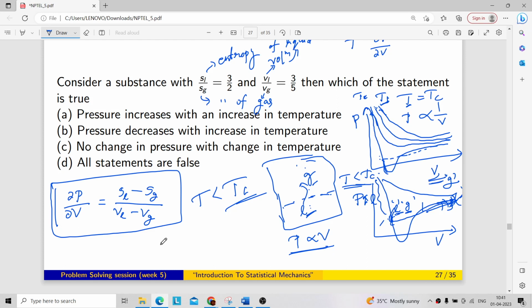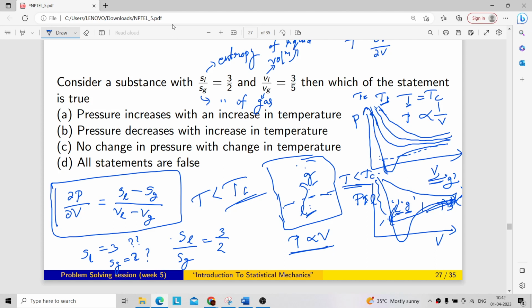We are given SL over SG as 3 over 2. So can I write SL equal to 3 and SG equal to 2? Anyone? No, we can't write that, because we are deriving this from the ratio.